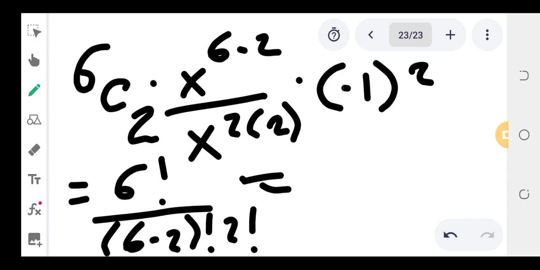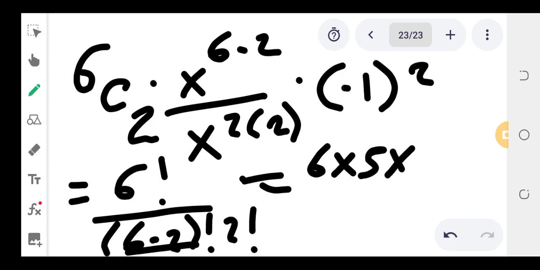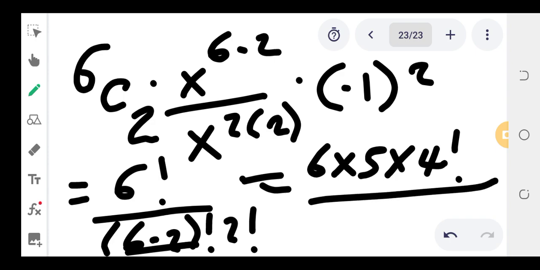So what I'm getting is 6 factorial, which is just 6 times 5 times 4 factorial. When I resolve this, I have to leave a 4 factorial on top, since I have got a 4 factorial at the bottom, times 2 factorial, which is just 2 times 1.